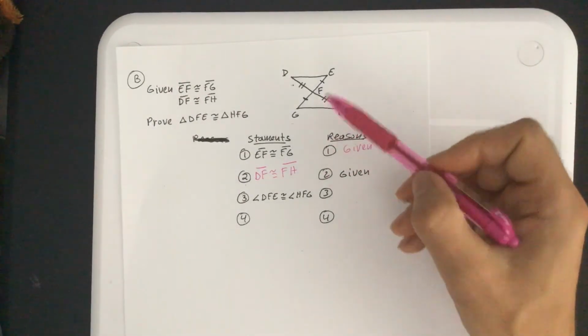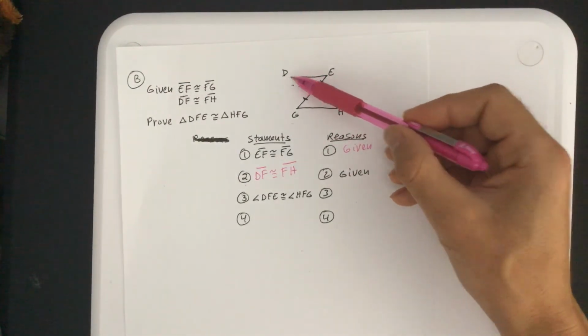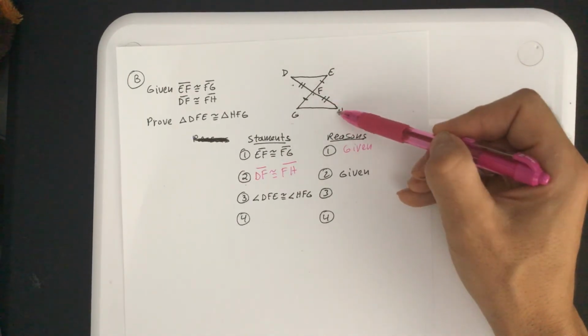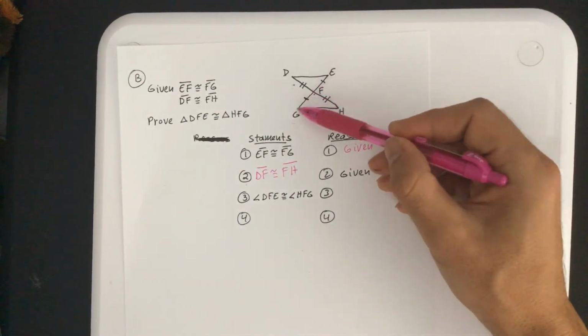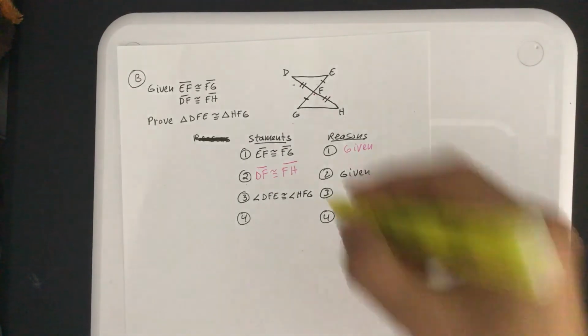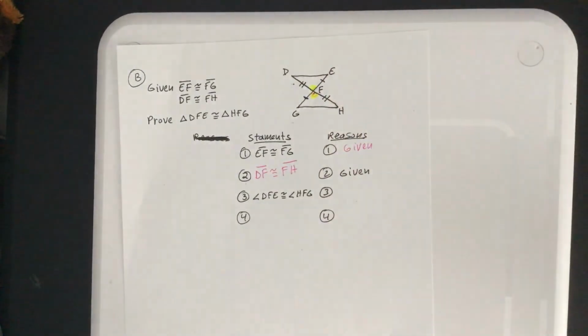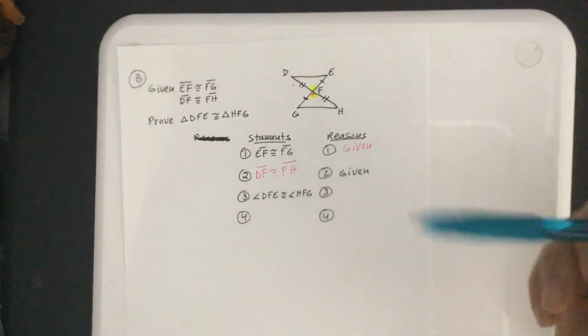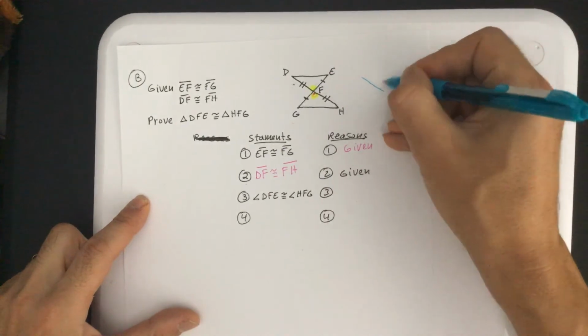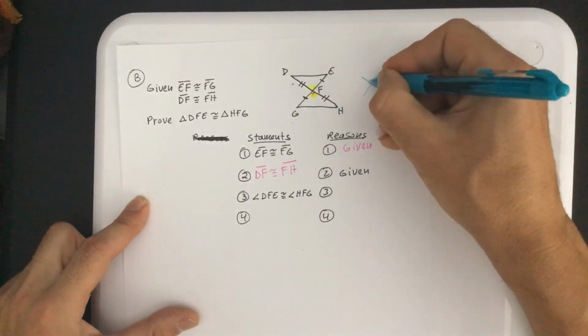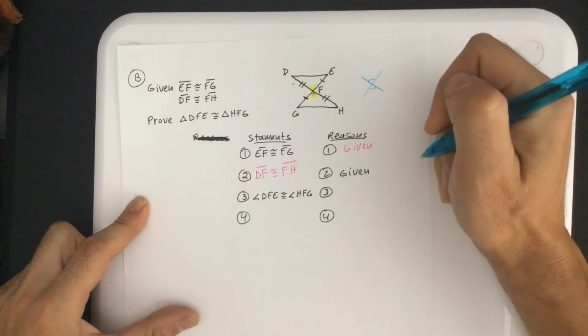Now, what about this one over here? DFE is congruent to HFG. So they're looking at this over here. This angle here is congruent to that angle. Well, you should know that one from previous chapters. You guys remember when you have two lines crossing each other, the opposite angles are congruent to each other.